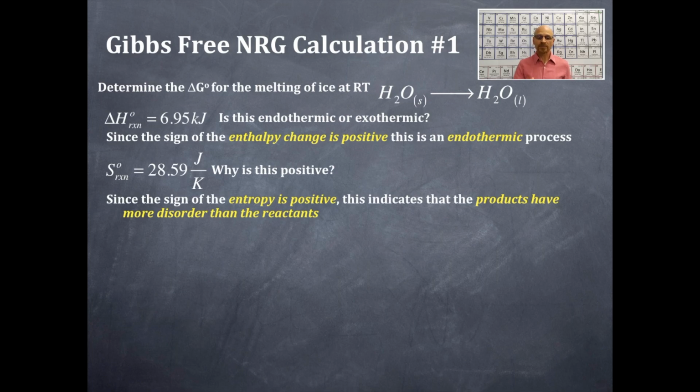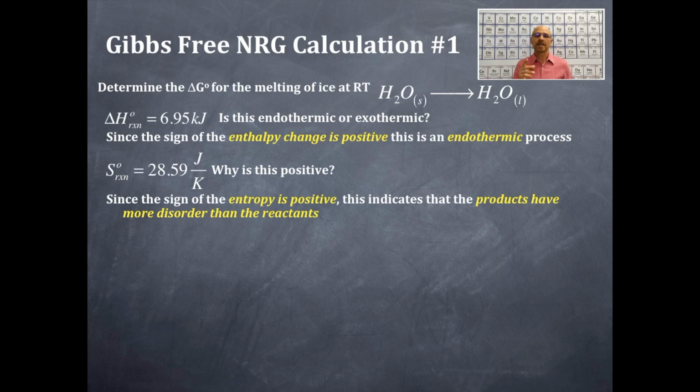Now, looking at these two values, we want to figure out the Gibbs free energy. That is the key thing here. We have a positive enthalpy and a positive entropy term. Since both of them are positive, we really cannot predict the sign of Gibbs free energy.